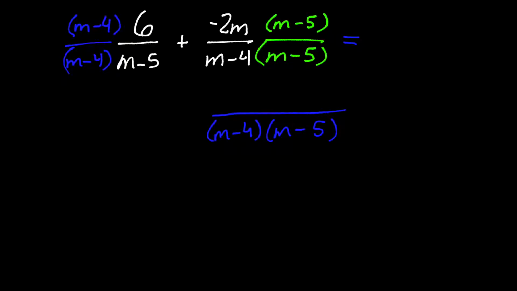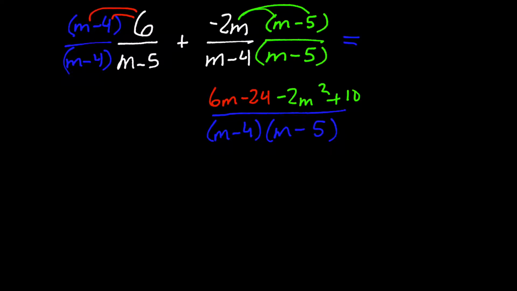So now that we've got that set together, we will distribute the tops. Okay, so that 6 is going to get distributed into that parentheses and give me 6m minus 24. And this negative 2m is going to get distributed into its parentheses, which will give me minus 2m squared plus 10.